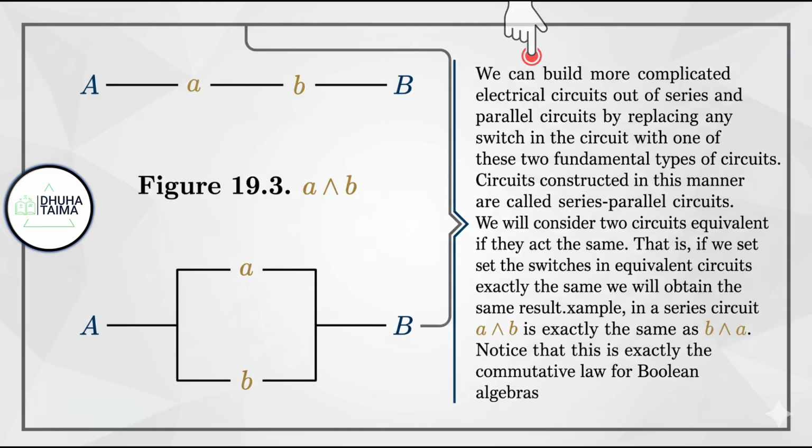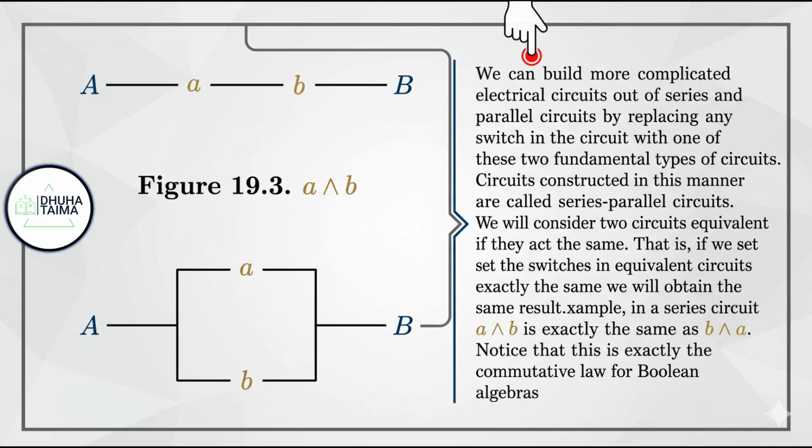We can build more complicated electrical circuits out of series and parallel circuits by replacing any switch in the circuit with one of these two fundamental types of circuits. Circuits constructed in this manner are called series parallel circuits. We will consider two circuits equivalent if they act the same. That is, if we set the switches in equivalent circuits exactly the same, we will obtain the same result.